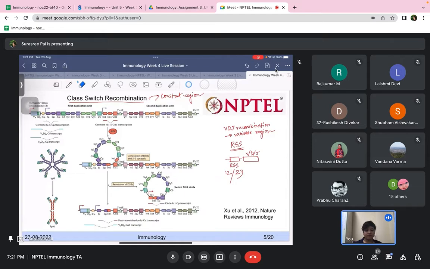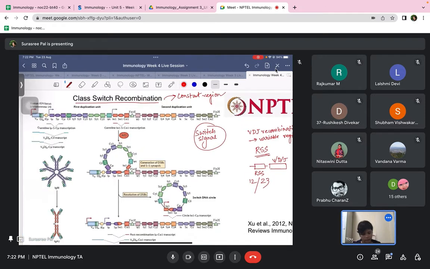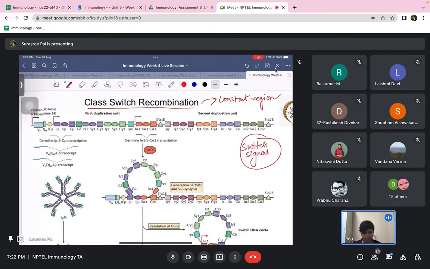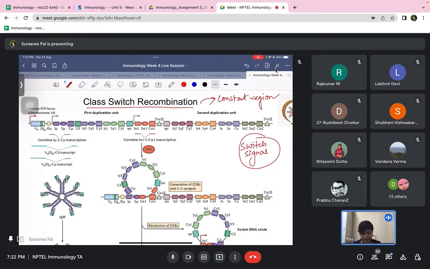Here also, in case of class switch recombination, there is another type of sequence which is very similar to RSS, that is the switch signal. This diagram is a little complicated, but you can see that the switch signals are denoted by S. So S mu is one switch signal, S gamma 3 is another switch signal, and S alpha 1 is another switch signal, right?